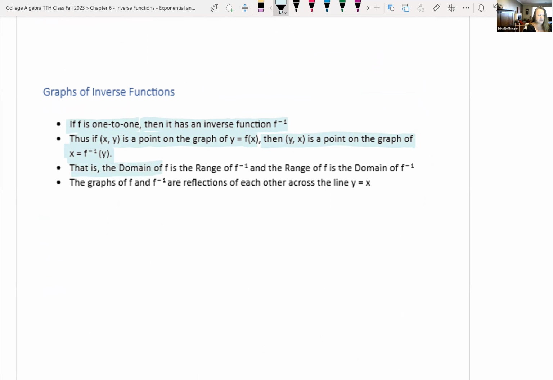So the domain of f is the range of f inverse, and the range of f is the domain of f inverse. Our domain and range swap for a function and its inverse. Also, the graphs of f and f inverse are reflections of each other across the line y equals x.